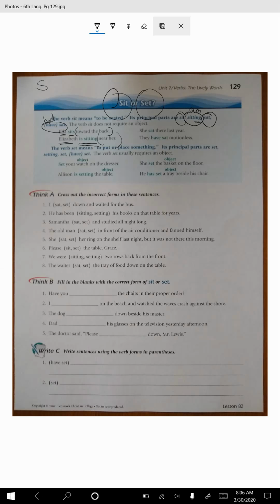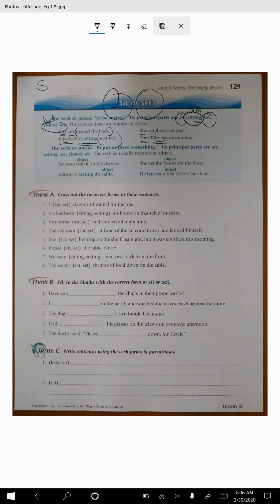That's present participle. She yesterday sat. Past, just plain old past. They, that's plural, have sat. See how the sat doesn't have an S on the end of it. Have sat, past participle.